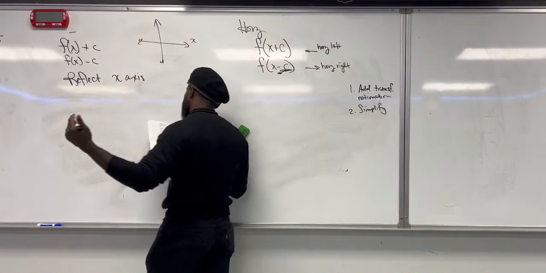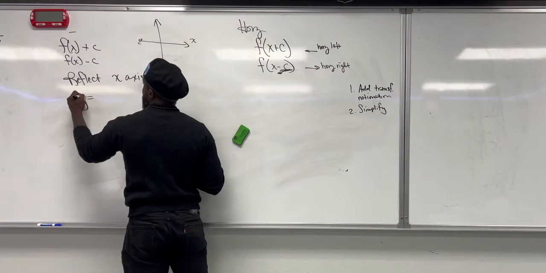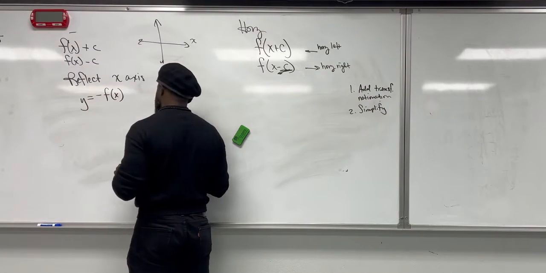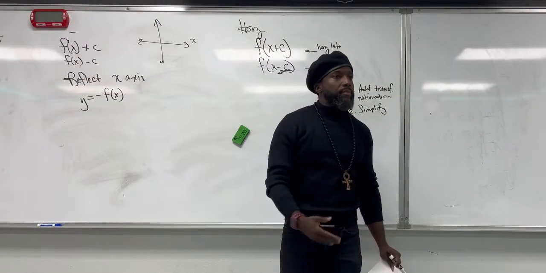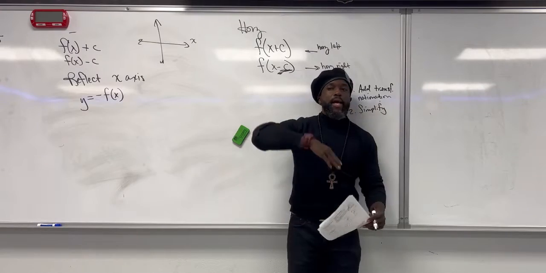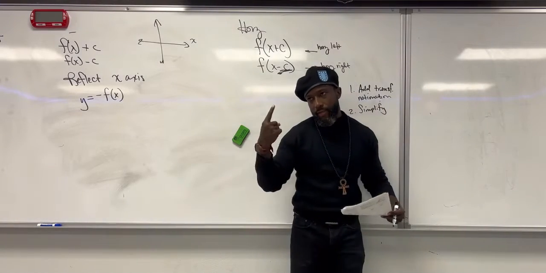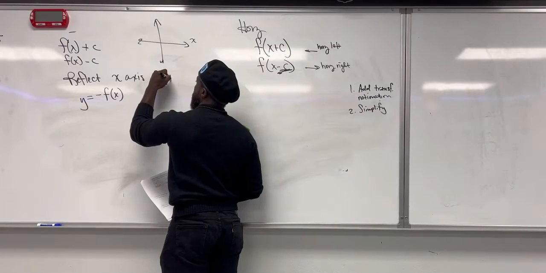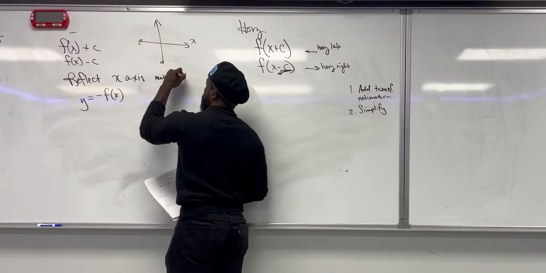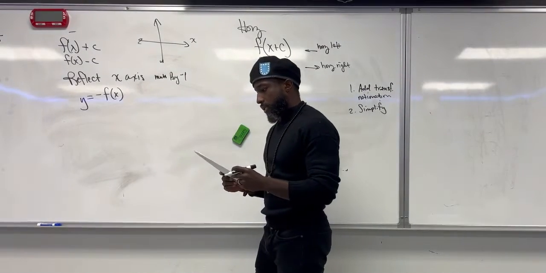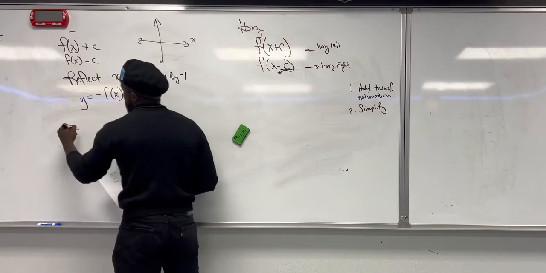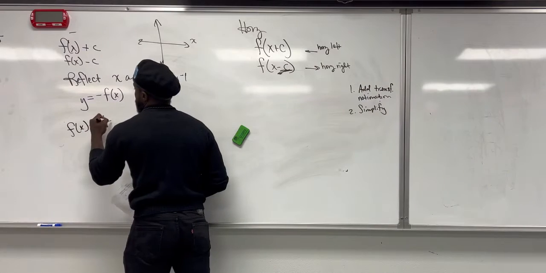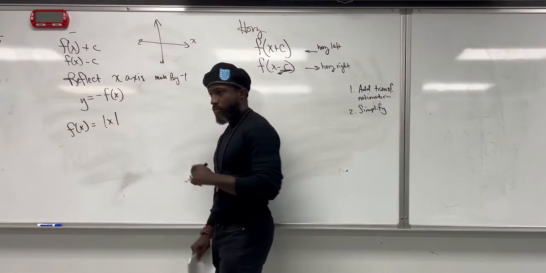So what happens is the function y equals negative f of x, right? So basically you multiply the whole function by negative 1, okay? So, for instance, if I had f of x equals the absolute value of x, right?